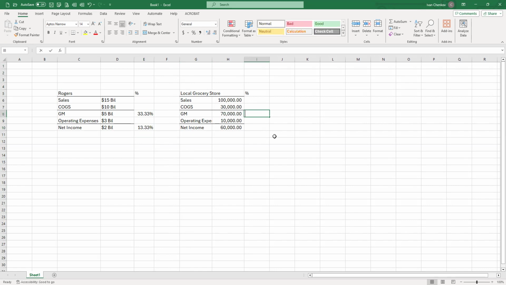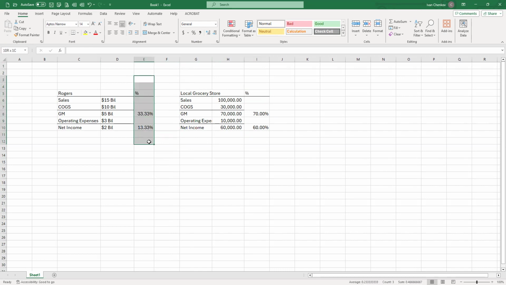How about here? We're going to have 70 divided by 100, and that will be 70%. And operating income is going to be 60 divided by 100, and that's 60%. And you're right, it looks like the local grocery store manager is doing a better job.